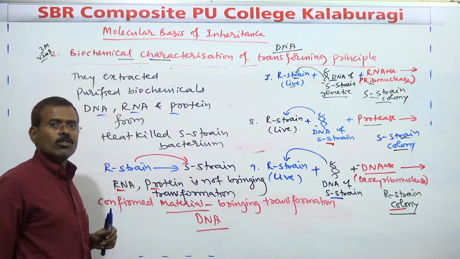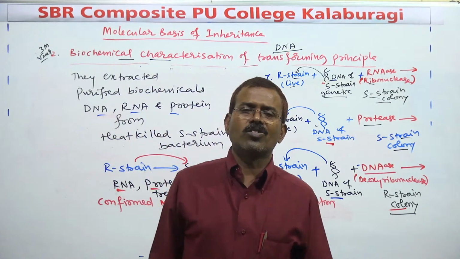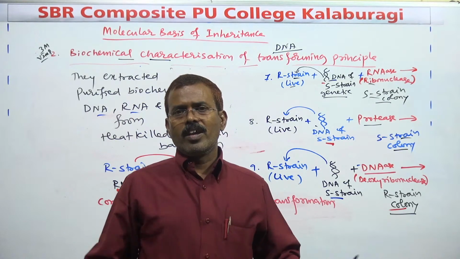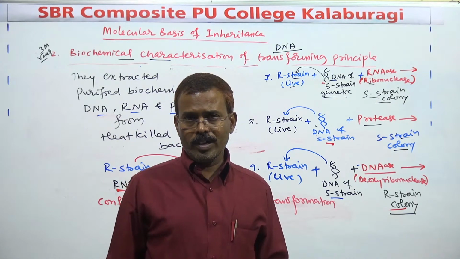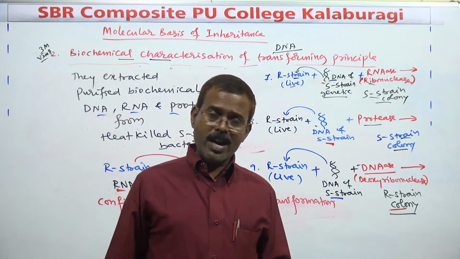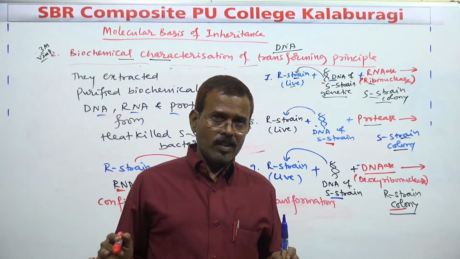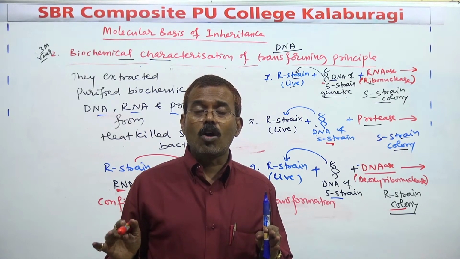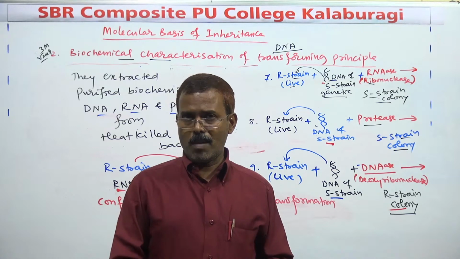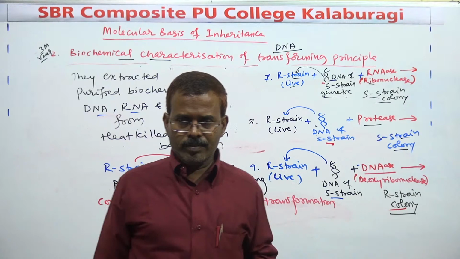So this is how the biochemical characterization of the transforming principle was carried out by these scientists, Avery, MacLeod, and McCarthy. This was an in vitro experiment. This confirmed DNA is the genetic material or transforming principle. Remember. Now, the final experiment.